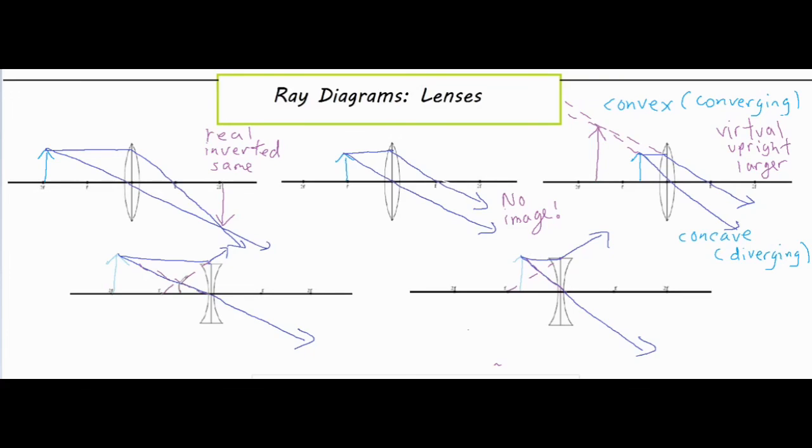So for both of them, you get a similar image. Okay, both of them are virtual because they're on the same side as the object. They are upright, and they are definitely smaller.